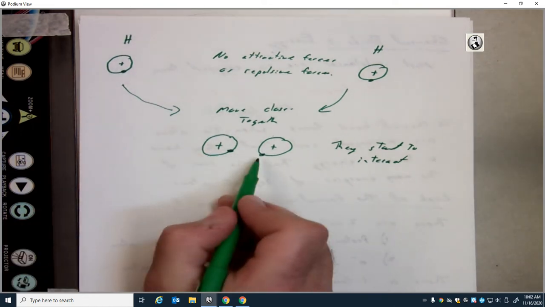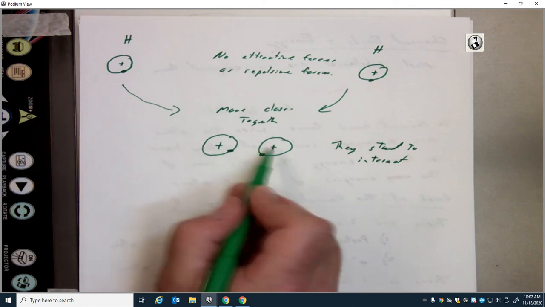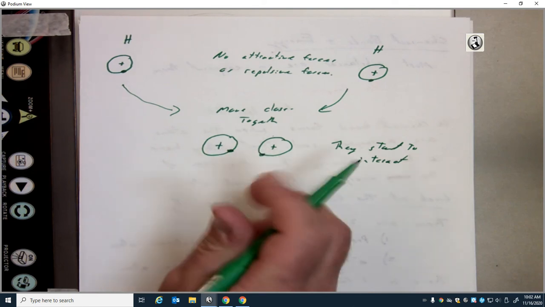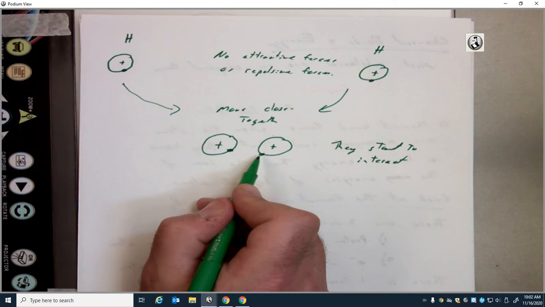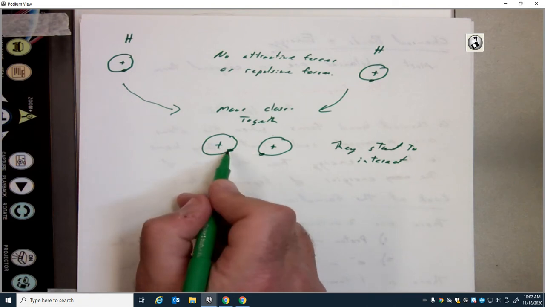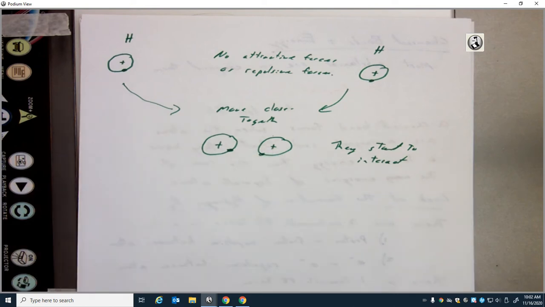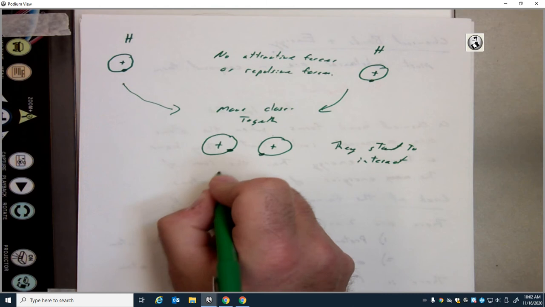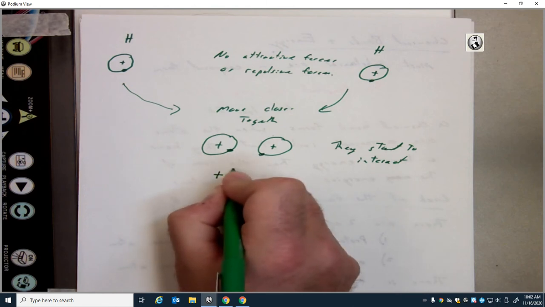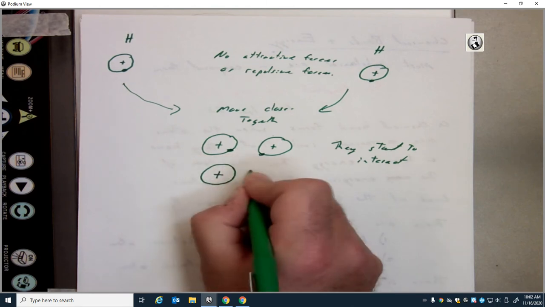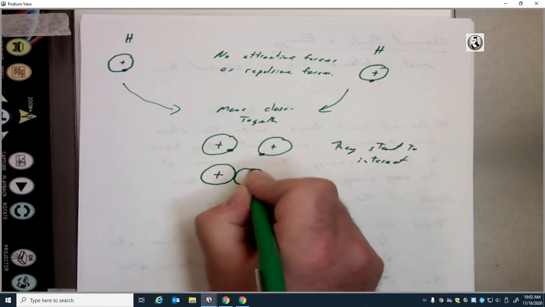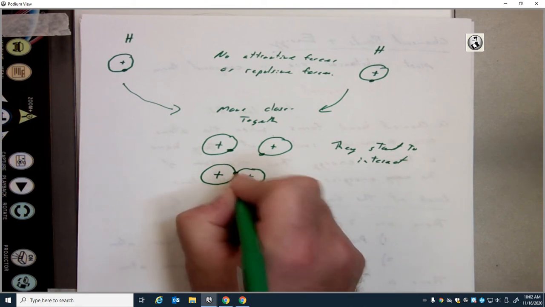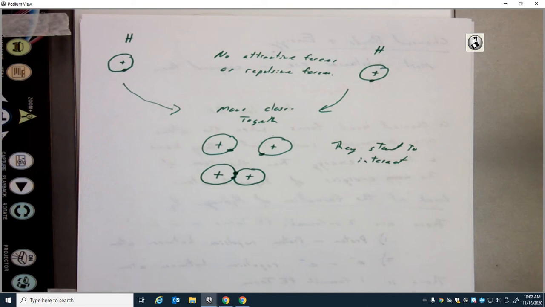You start to get these electrons repulsing each other, these protons repulsing each other, and you also get an attraction between this electron here and the protons over here, and the electron here and the protons over here. And eventually we form a bond, and those valence electrons, and this is simplified, start to be shared.